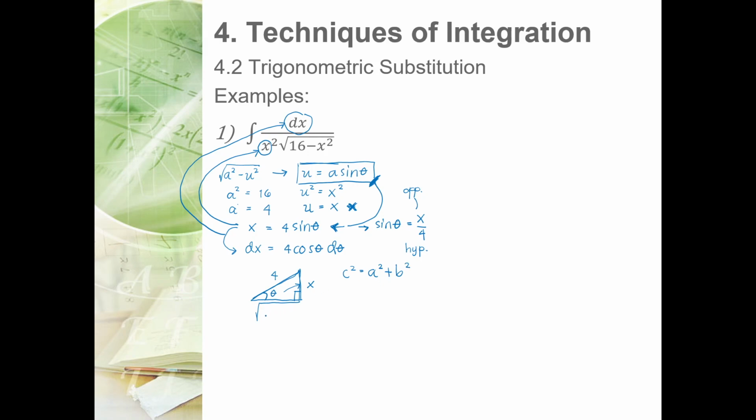Let's say this one side is unknown, a, so we have a is equal to the square root of c squared minus b squared. That's the square of the hypotenuse minus the square of one leg. So this becomes 4 squared, that's 16, minus x squared. Notice that it's the same as the square root function above.